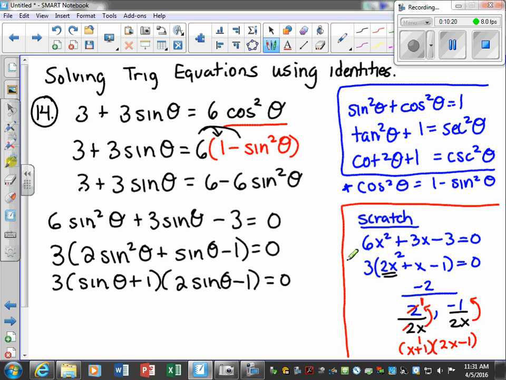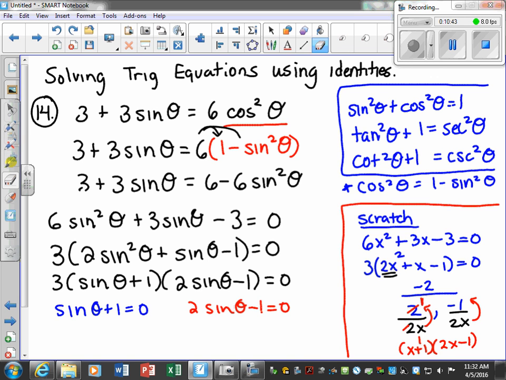So the first one is sine of theta plus 1 is equal to 0, and the second one we want to solve is 2 times the sine of theta minus 1 is equal to 0. And recall, when I set 3 equal to 0, there's no variable, so it just loses value.